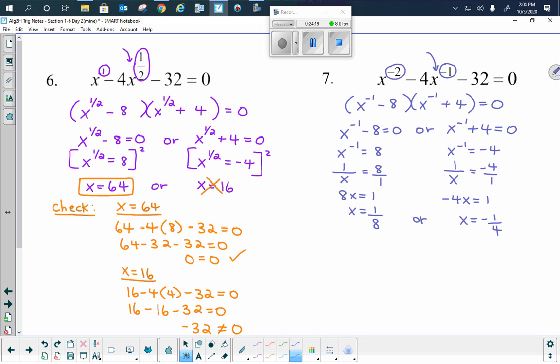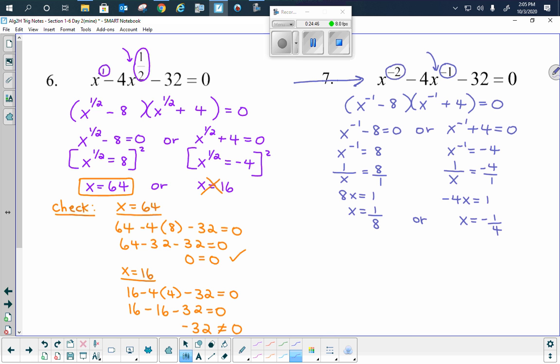Now, did we do anything weird this time that makes us check our answers? Well, we didn't square both sides of our equation, right? The only thing I guess we have to worry about is that in this original equation, with x to the -2, you should think that those variables are in a denominator.